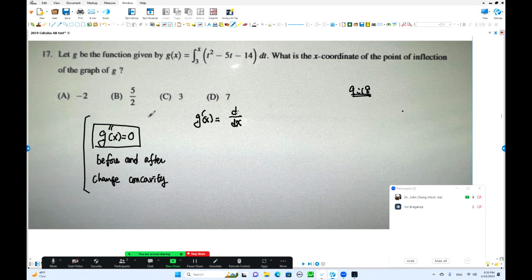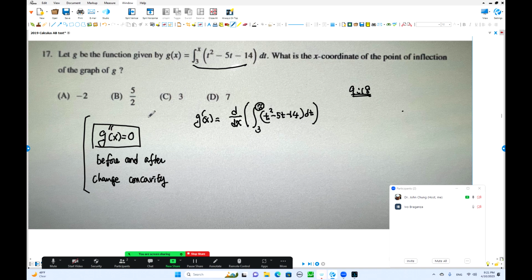The derivative d/dx moves inside there. That is the second fundamental theorem of calculus, right?